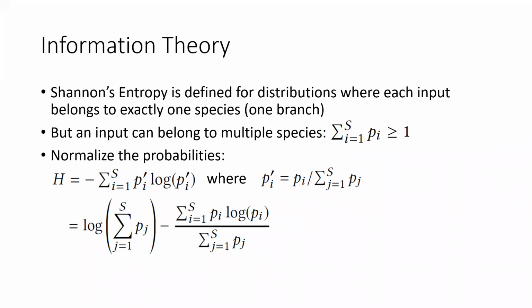Let me think about why this works and why this normalization can work. They didn't really explain it, but the idea of this normalizing came from another paper which they referenced.